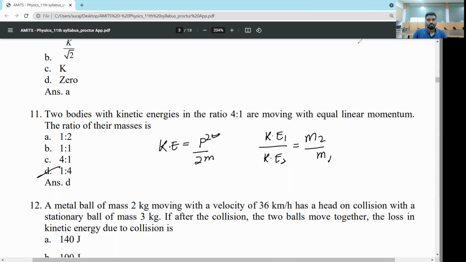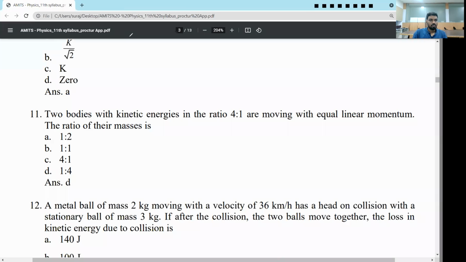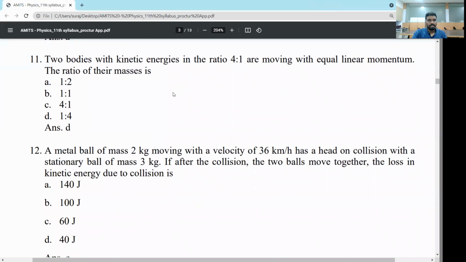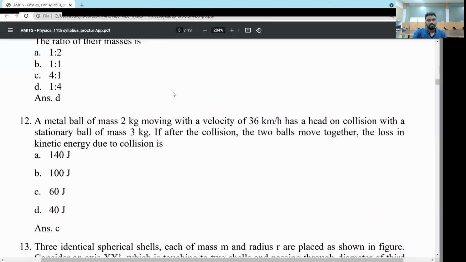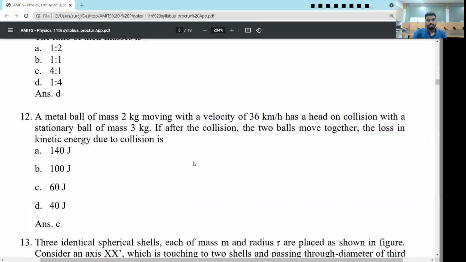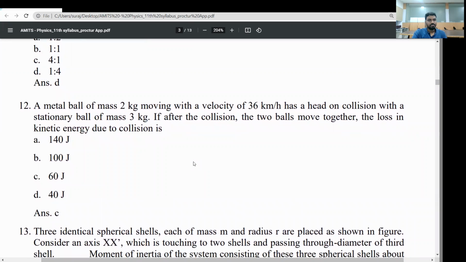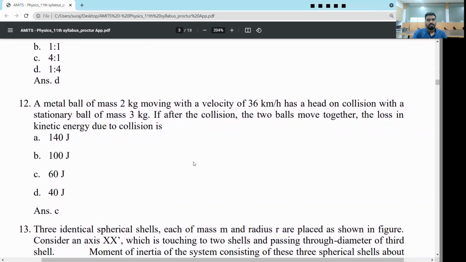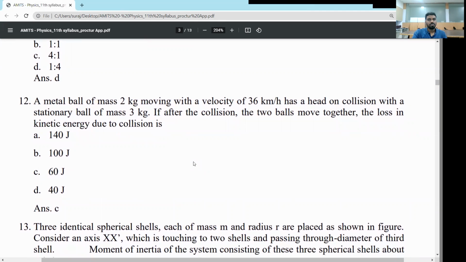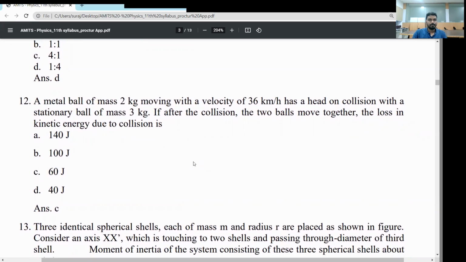Next question. Question number 12. A metal ball of mass 2 kg moving with velocity 36 km/h has a head-on collision with a stationary ball of 3 kg. If after the collision the two balls move together, find the loss in kinetic energy due to collision. Easy.